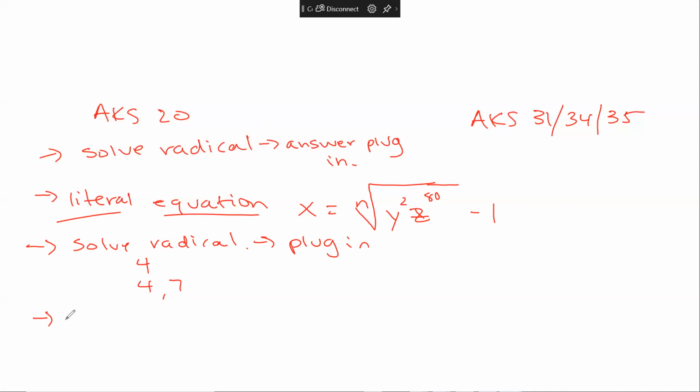This question asks which one has no solution. How do we know that a radical is going to have no solution without having to solve?